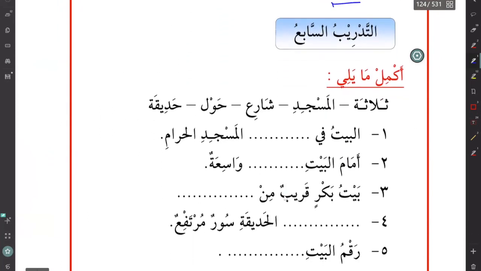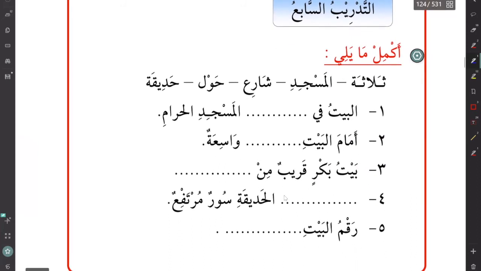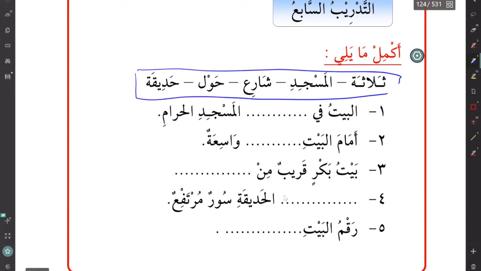And next, at-tadrib as-sabi', the seventh exercise, we have akmil ma yali, same thing, complete what's coming. Here, looks like they give you five words, and you have to complete the sentence choosing one of these words. Okay, it looks interesting. So the first one is al-baytu fi, then you have a blank, al-masjid al-haram.